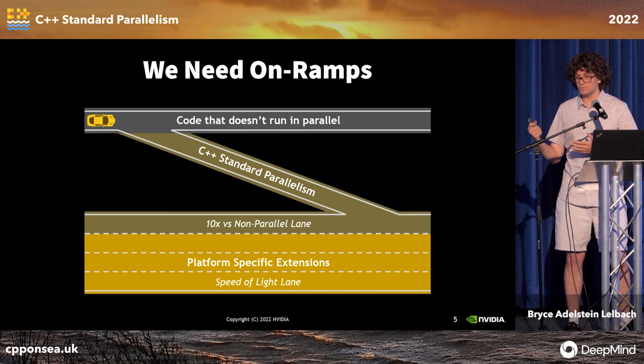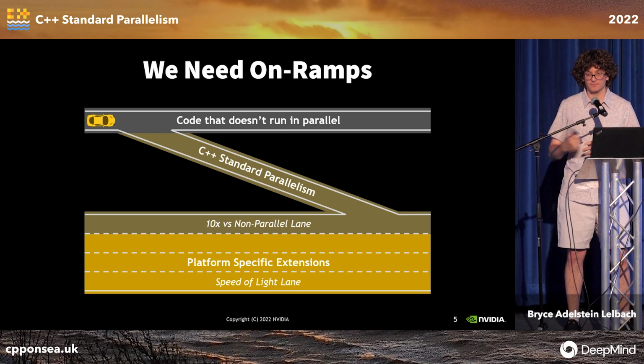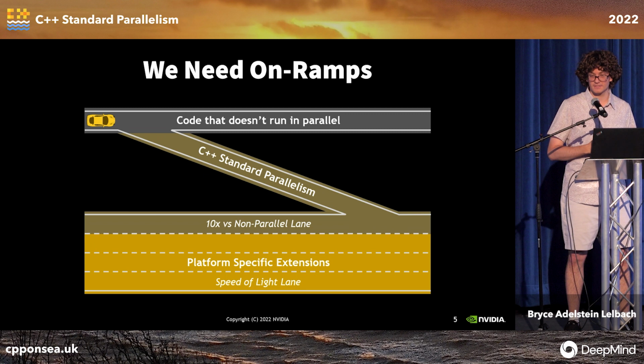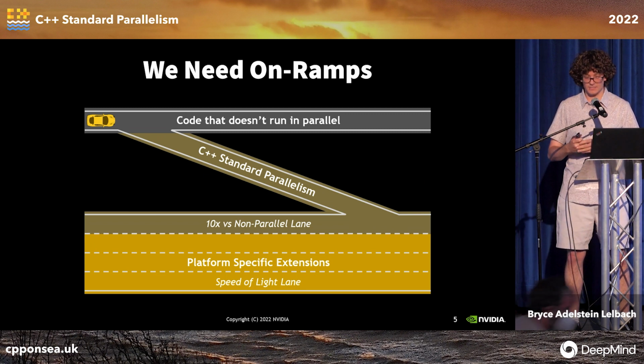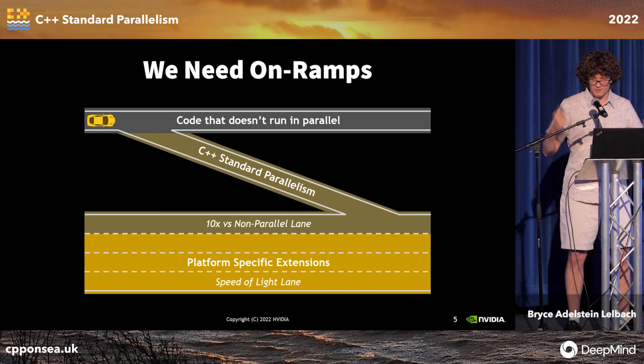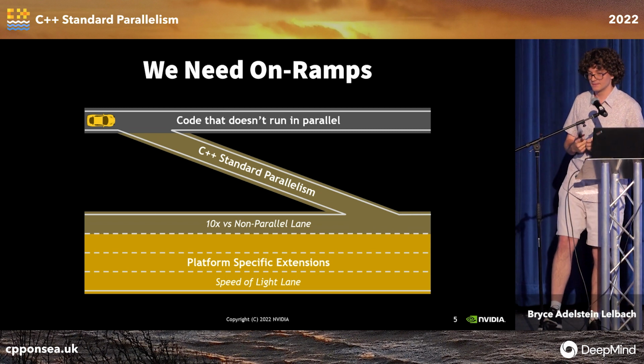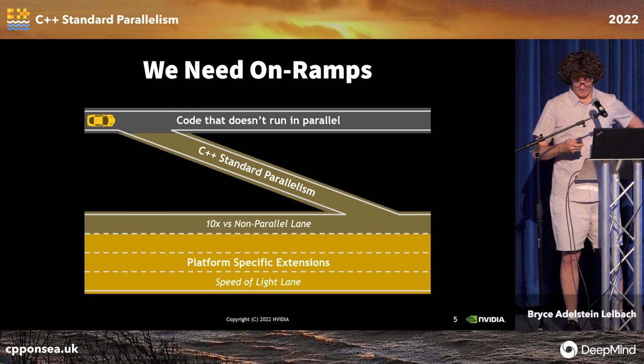And then maybe where you have a really key performance need in one particular part of your application, there you'll have to go to some platform-specific extensions. But the idea is that parallelism in the C++ standard will get you onto the parallel programming highway. And then that makes it easier for you to switch over to using something like CUDA C++ or OpenMP.